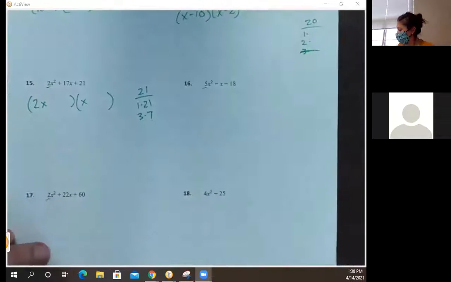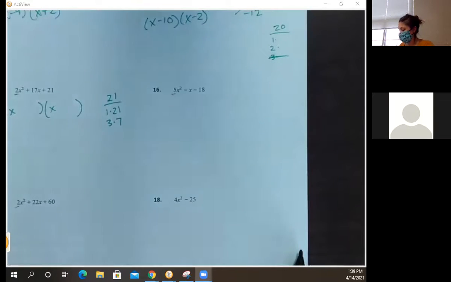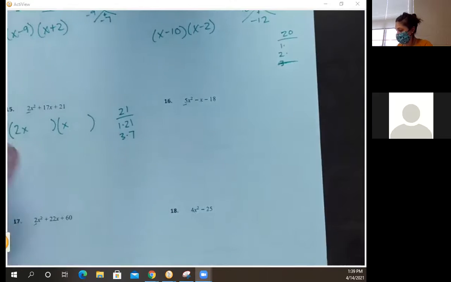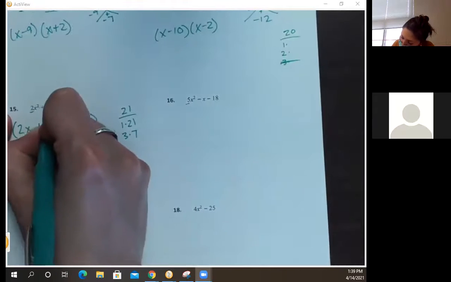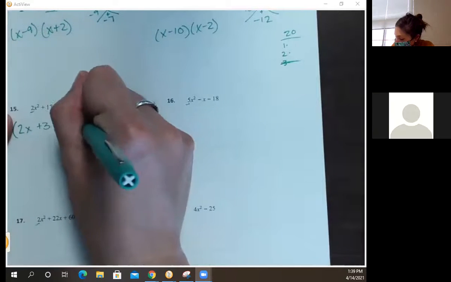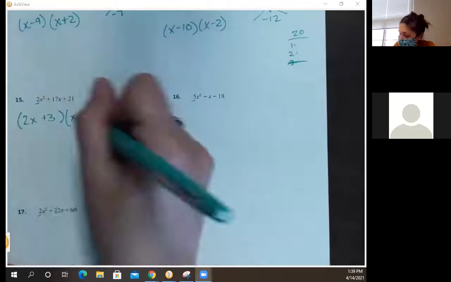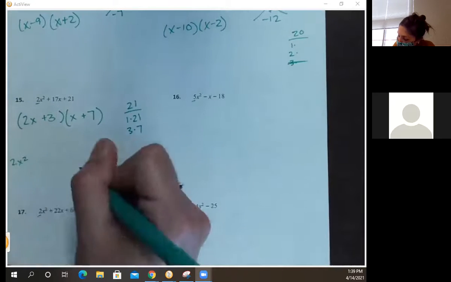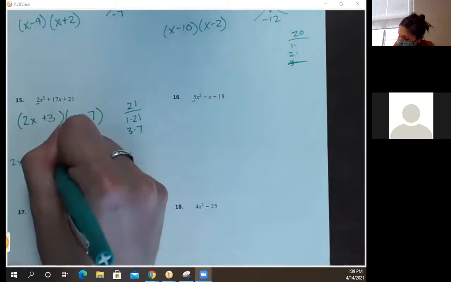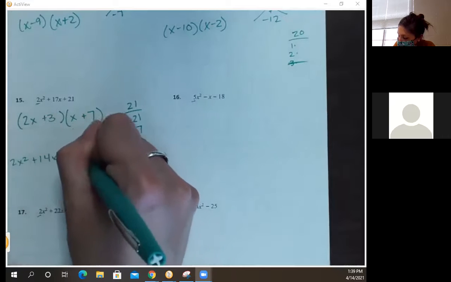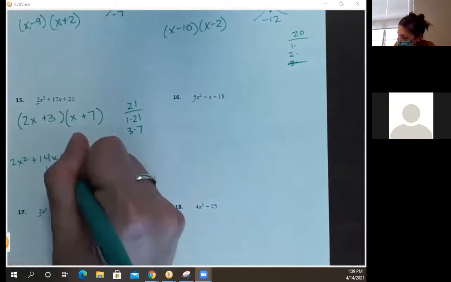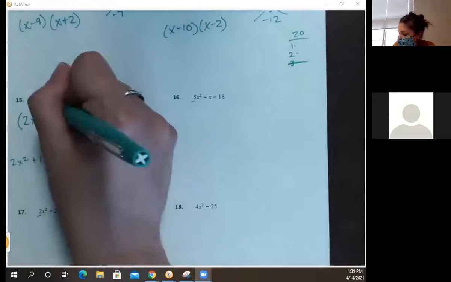So our arrangement here was 2x plus 3 times x plus 7. And remember, we want to check with distribution. So that gave us 2x squared plus 14x plus 3x plus 21. And those middle terms added to the 17x that we wanted.